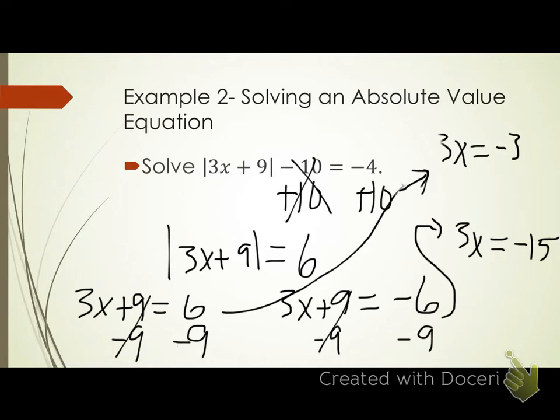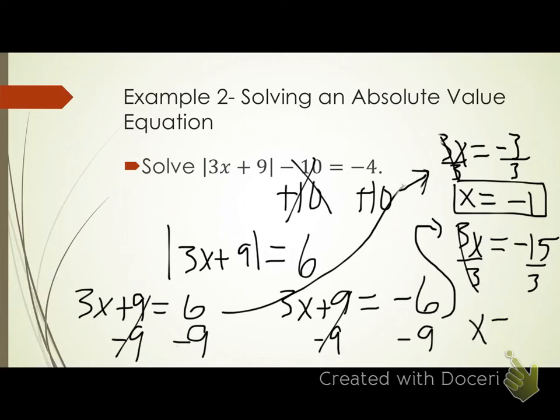We okay with that step? Now what's my next step on each of these to get x by itself? Divide by 3. So on the first one, I get x equals negative 3 divided by 3. Negative 1. On the bottom one, I get x equals negative 15 divided by 3. Negative 5. We okay with how we got those two solutions?